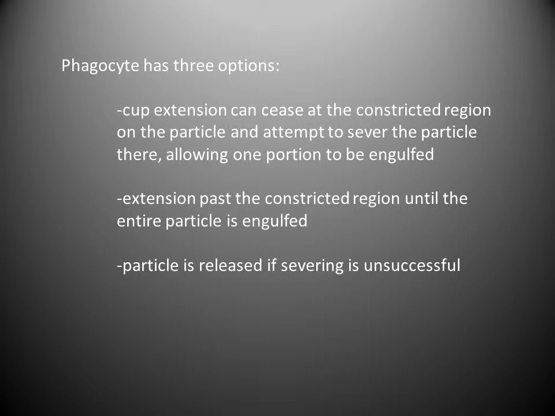The second option is the extension past the constricted region until the whole particle is engulfed. The third option, if both previous options are unsuccessful, is that the entire particle will be released. So unfortunately, the phagocyte will have nothing to consume.